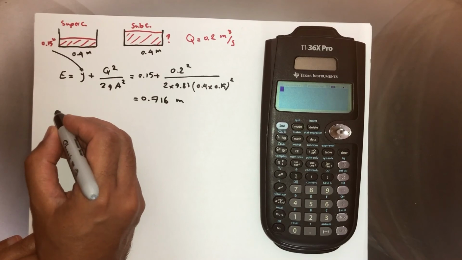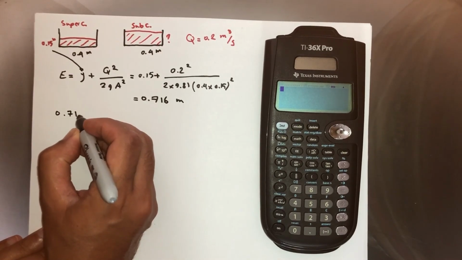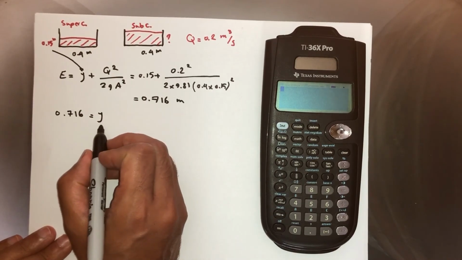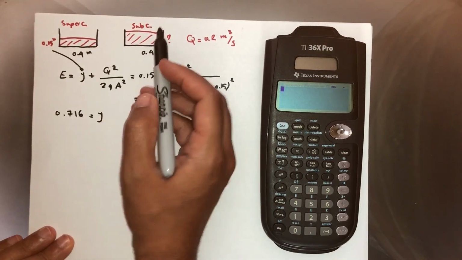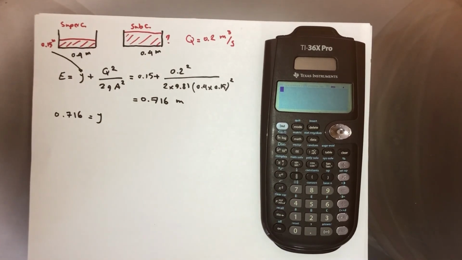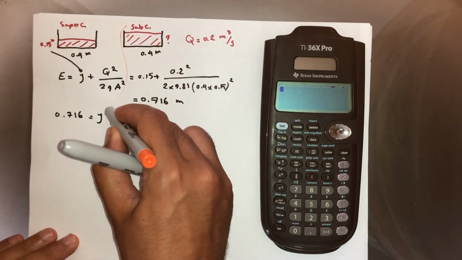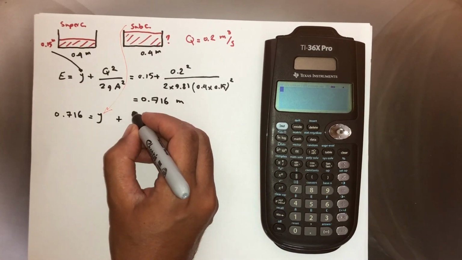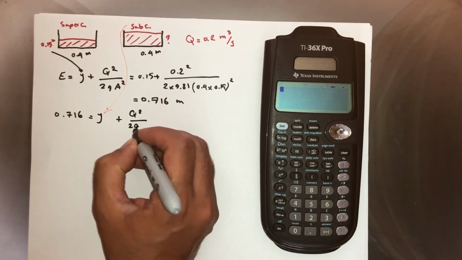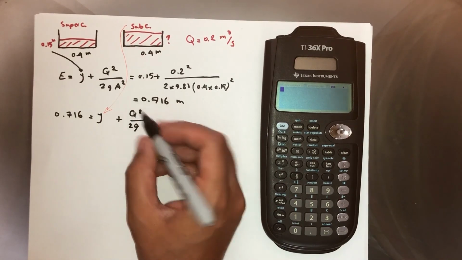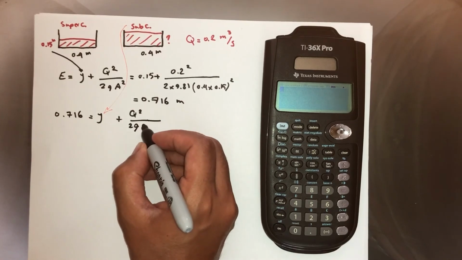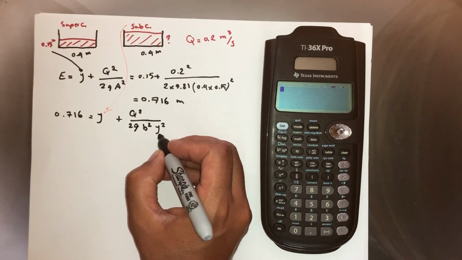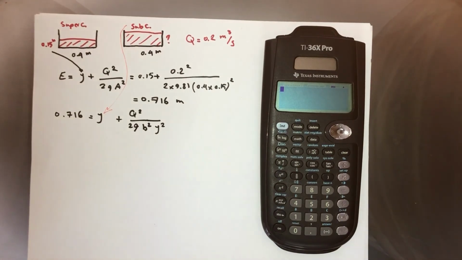Basically, now I have 0.716 equals y, which is unknown for this system, so that's why we're solving, plus again q squared over 2g, and instead of A we can put area, bottom width times depth, squared, and this is the same depth that we're solving for.